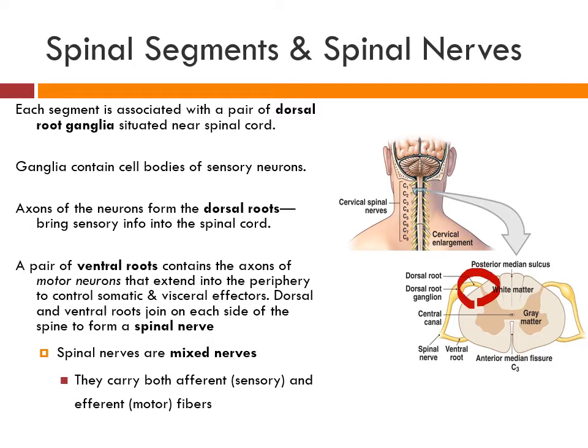Each spinal nerve forms just outside or inside the intervertebral foramen. If you remember back to what our spine looks like, we have vertebral bodies stacked upon one another. Just posterior to the vertebral bodies, when you have two vertebrae together, there is a space in between the two vertebrae called the intervertebral foramen.